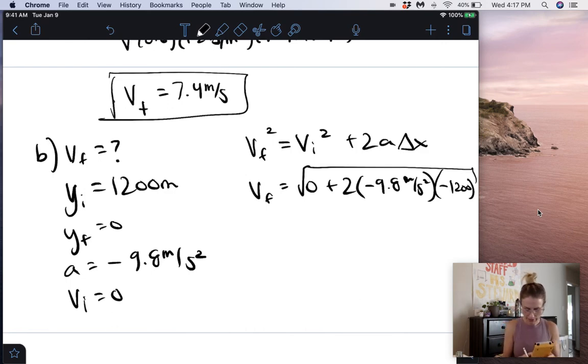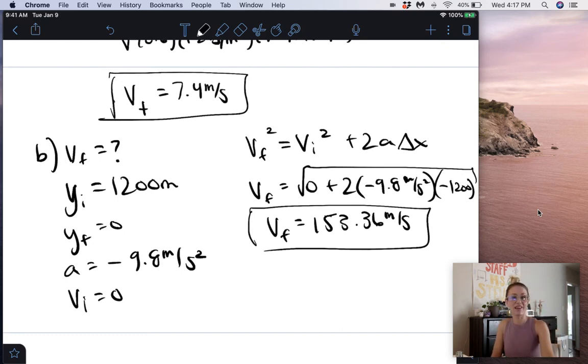So 2 times 9.8 times 1,200, take the square root of that, and we get that the final velocity without air drag would be 153.36 meters per second. Now that is a very large final velocity, so that raindrop would really hurt if it hit your head. So thank goodness for air drag.